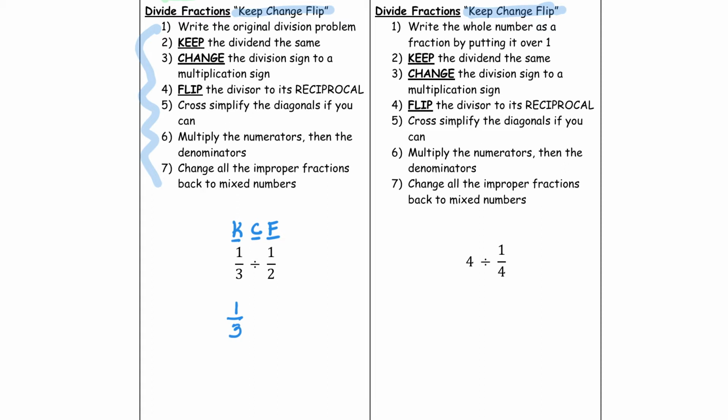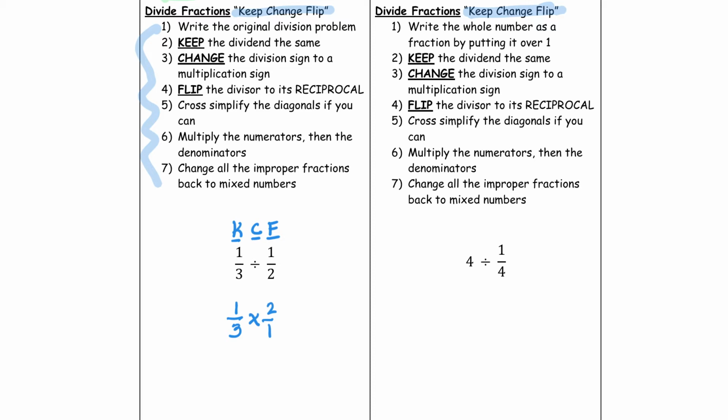Change the division sign to multiplication, and then flip the divisor to its reciprocal. So instead of 1/2, you're going to use 2/1. And then you can continue multiplying fractions as usual. Anytime you see division, you keep, change, flip. If you do that for every problem, you're in good shape.